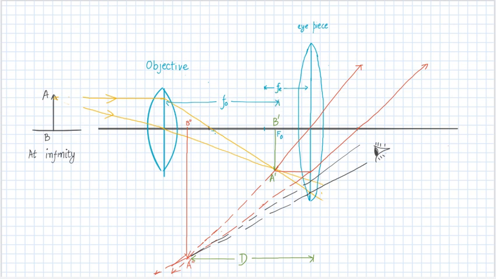Next, we put an eyepiece so that the eyepiece forms the image of this virtual object at this point. The condition for this eyepiece is that the virtual object should be placed within the focal length of the eyepiece in order to form a final image.